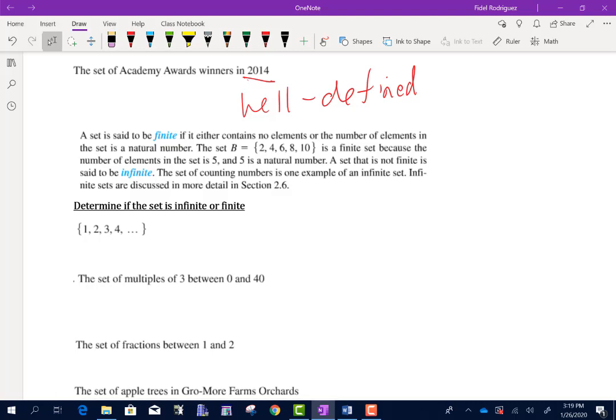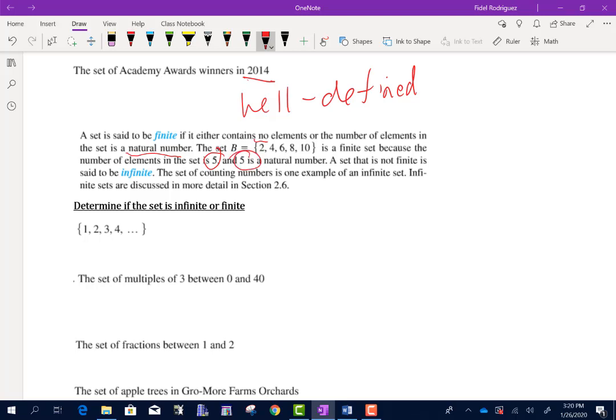Okay, so the next one says a set is said to be finite if it has no elements or if the number of elements in the set is a natural number. So the set B containing the elements 2, 4, 6, 8, 10 is a finite set because the number of elements in there, how many numbers do I have? 1, 2, 3, 4, 5. We have 5 elements and 5 is a natural number.